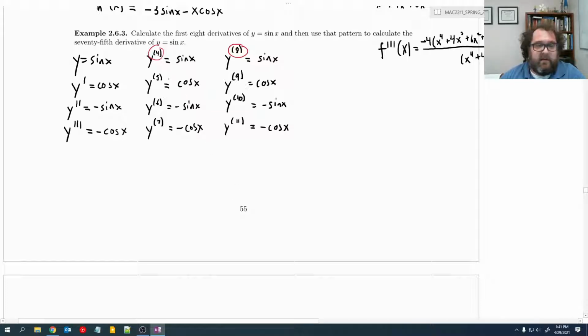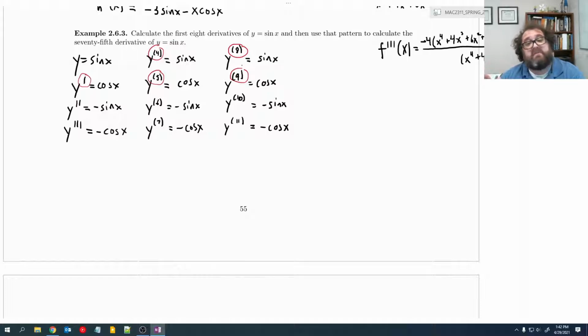What about 5, or first? There's the first derivative, the 5th derivative, the 9th derivative. Those are all 1 more than a multiple of 4. So 0, of course, is a multiple of 4. 5 is 1 more than a multiple of 4. 9 is 1 more than a multiple of 4, 8.